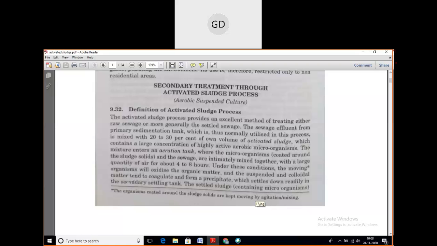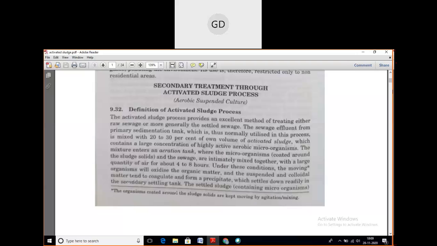And the suspended and the colloidal matter in the tank will coagulate and form a precipitate, and that precipitate will settle at the bottom of the tank.